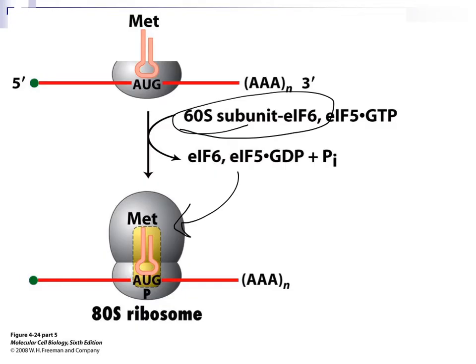That's what the initiation factor 6 does. And once the two subunits join together, you now have a complete ribosome with the initiator transfer RNA inside the P slot, which is represented there, and the messenger RNA positioned correctly within the ribosome. At this point, the initiation of translation is completed.